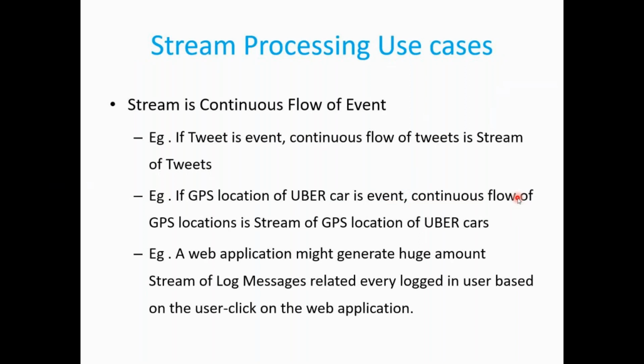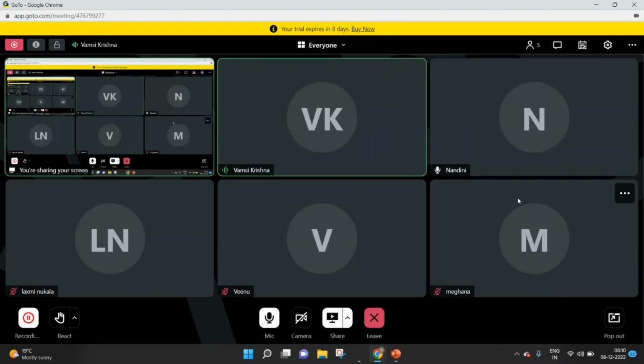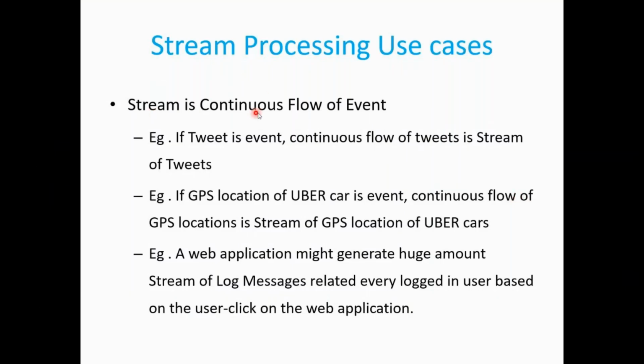Now let us talk about some of the use cases of stream processing applications. As I told, a stream is nothing but a continuous flow of events. If you take Twitter, if you tweet something, that is considered an event. So if there is a continuous flow of tweets, it's nothing but a stream of tweets. And sometimes when you board an Uber cab, you'll be able to figure out exactly the time at which you'll be reaching your destination, right?